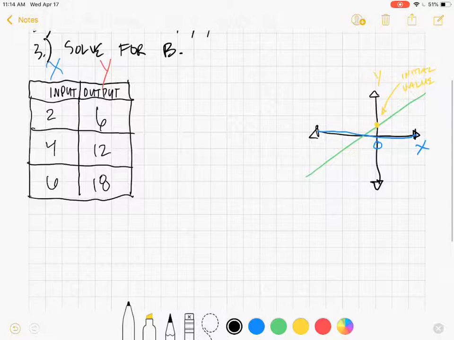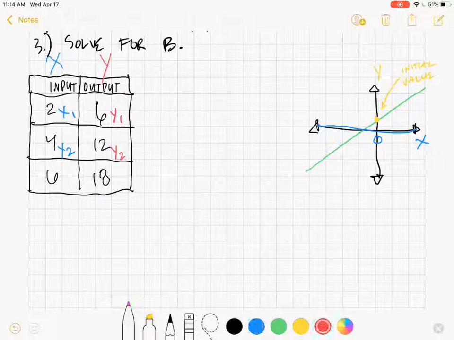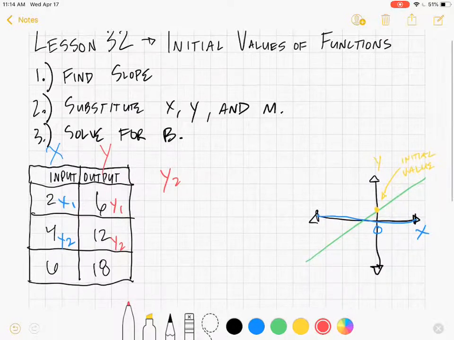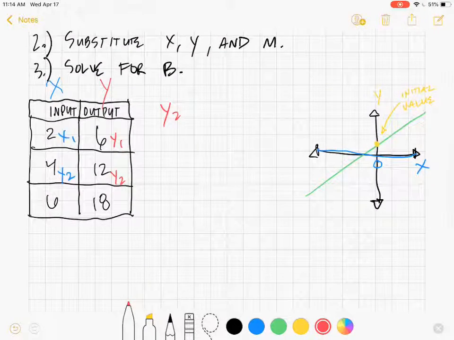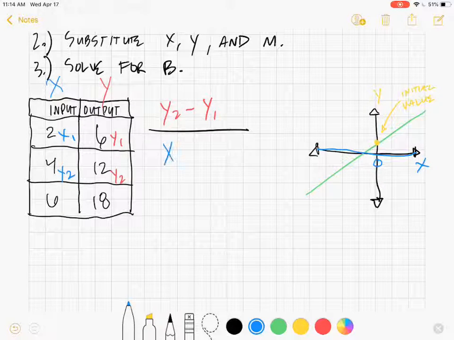For this example, we've got our y2 value, our second y value, and our y1 value, our first y value. We've got our x2 value and our x1 value. We're going to find the slope, or our rate of change. Step 1: y2 minus y1 over x2 minus x1.